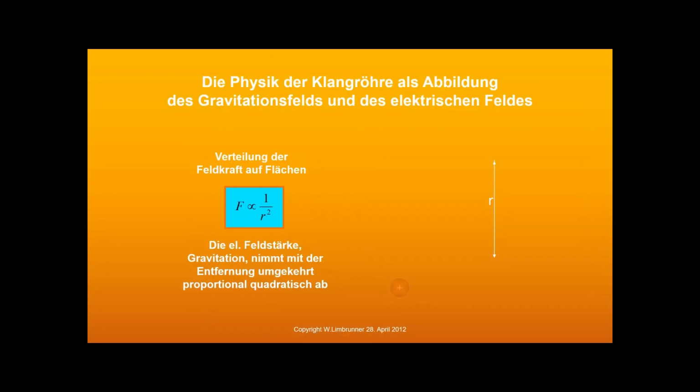This mathematical relationship applies to a variety of physical phenomena such as the gravitational force, the electric field force, but also to solid body vibrations, such as sound tubes, bells, bowls, and plates. The electric field force is distributed spherically around a central charge. If the areas grow in units of 1, 2, 3, 4, and so on, the distances must grow in square root sizes, i.e. square root of 1, 2, 3, 4, and so on.